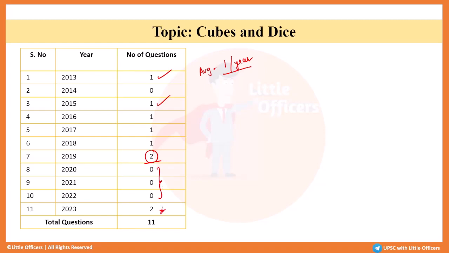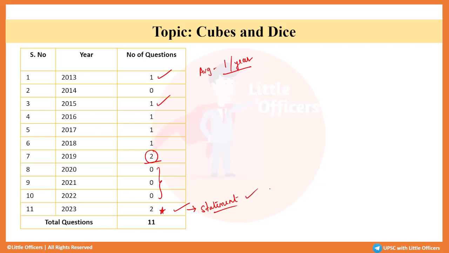But in 2023, there were two questions from this section, and these two questions are a little bit complex. They were asking based on statements, and you need to find whether data is deficient or sufficient, whether statement 1 or 2 both are correct, or only one correct, or neither of them is correct. So the difficulty level has been slightly increased, but the concept remains the same.